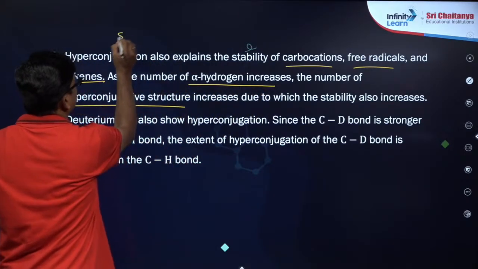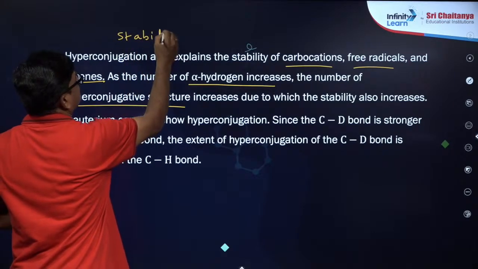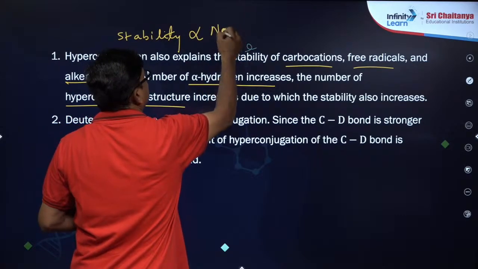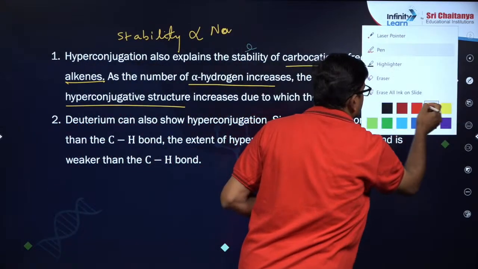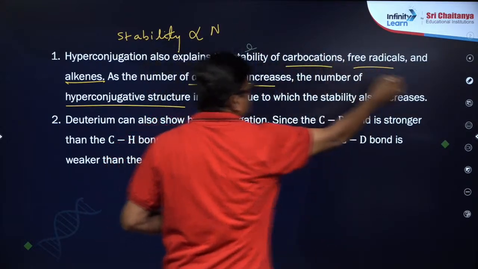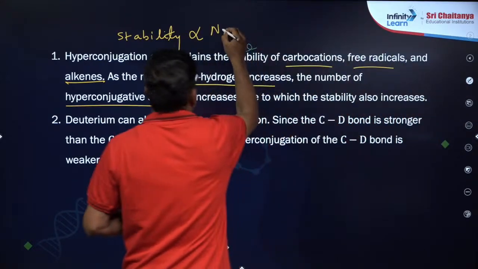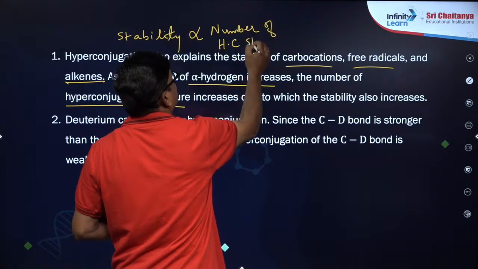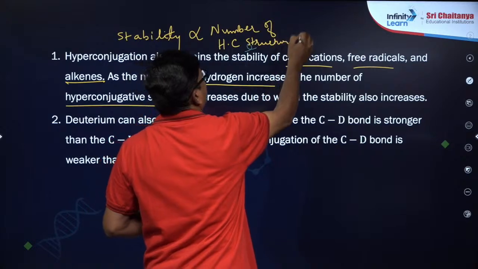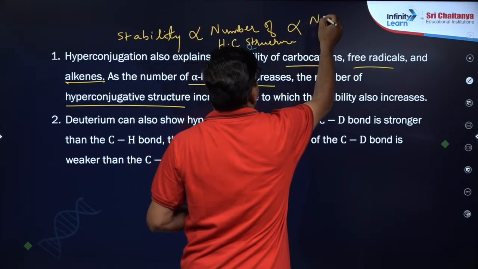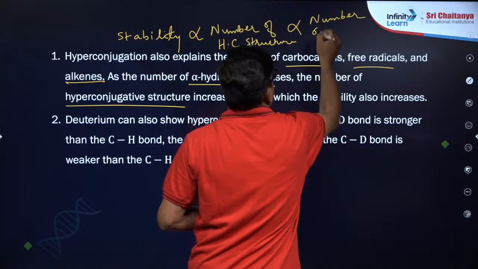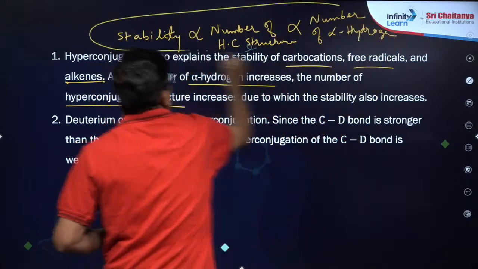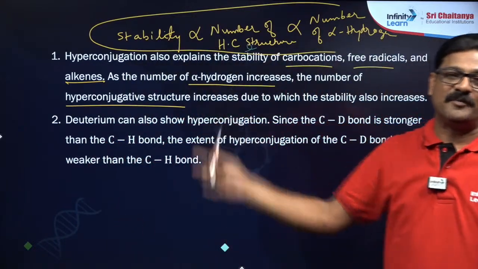So the stability is directly proportional to the number of hyperconjugation structures, which is directly proportional to the number of alpha hydrogens. This is the entire secret of the hyperconjugation phenomenon.